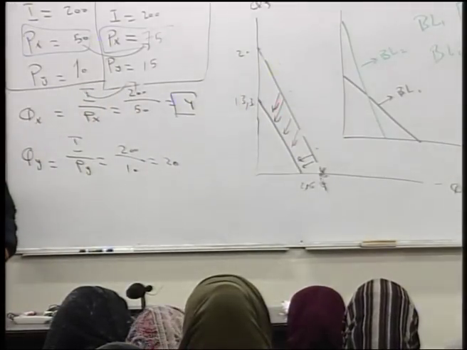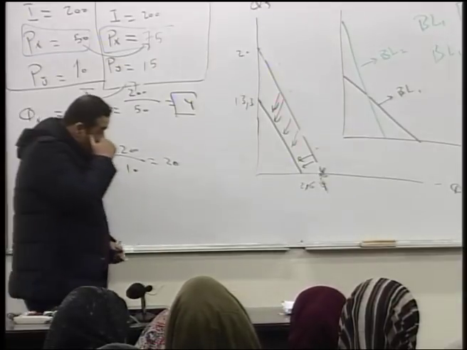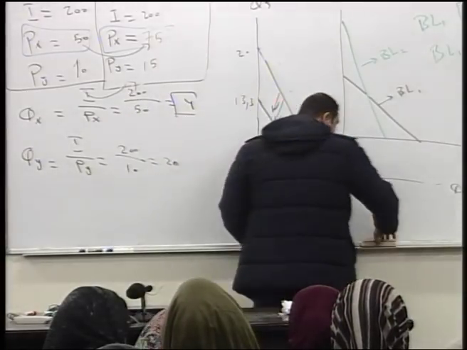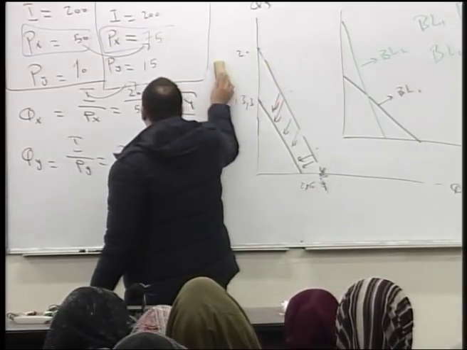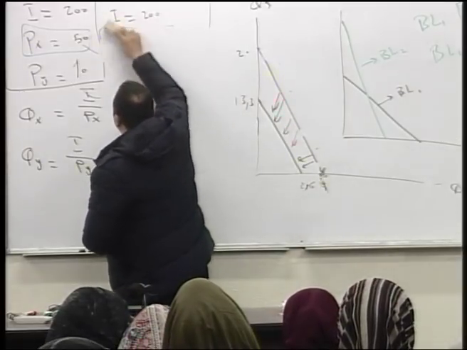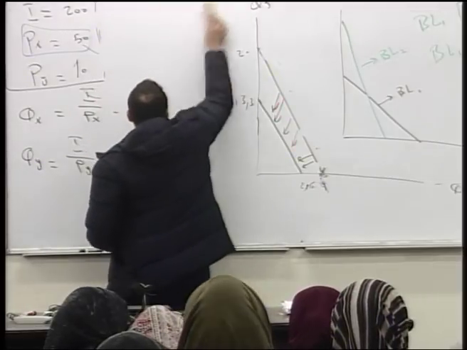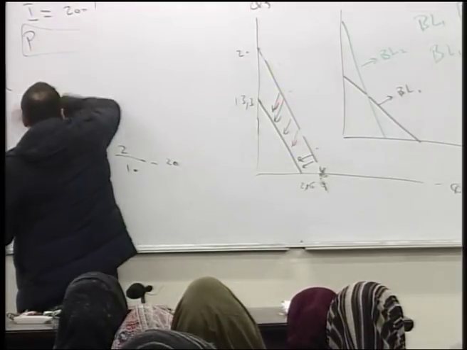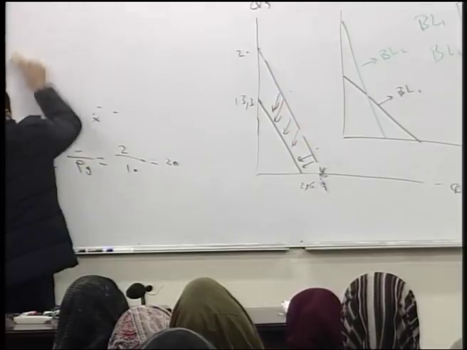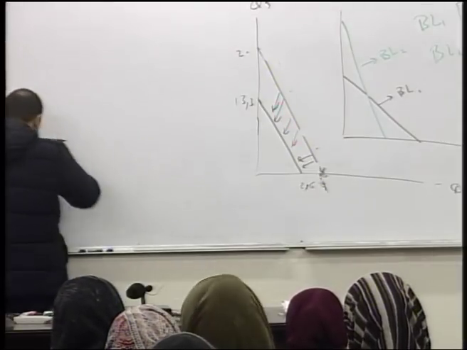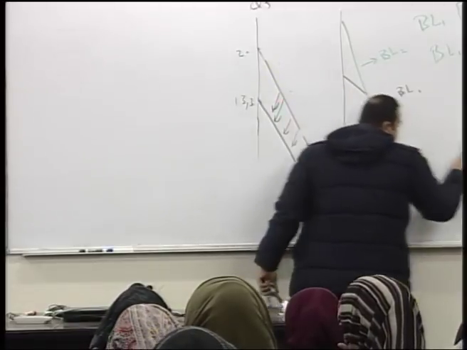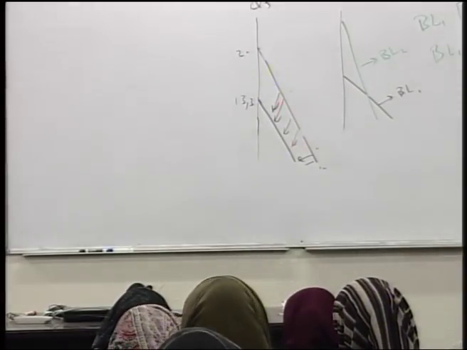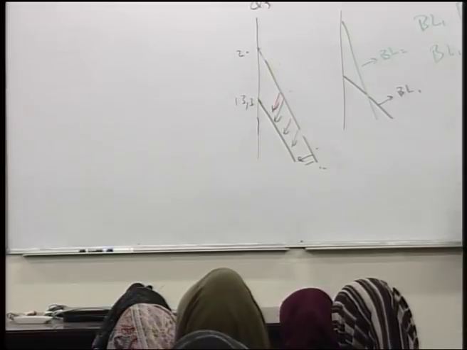Let's go to the budget line formula. Let's derive the budget line formula, and then we will go to the consumer equilibrium using the indifference curve and the budget line.